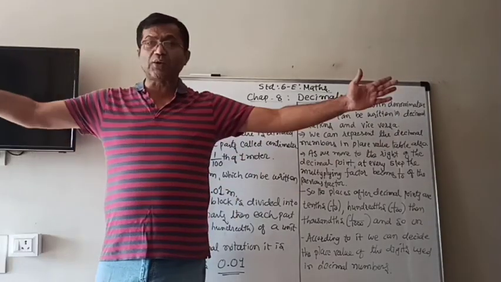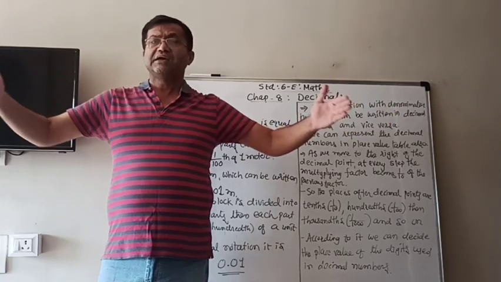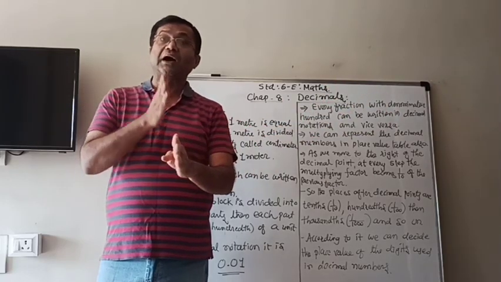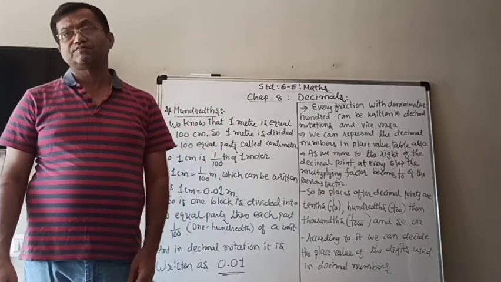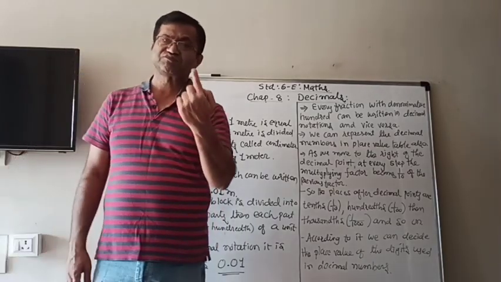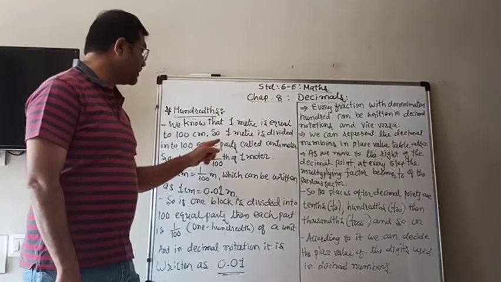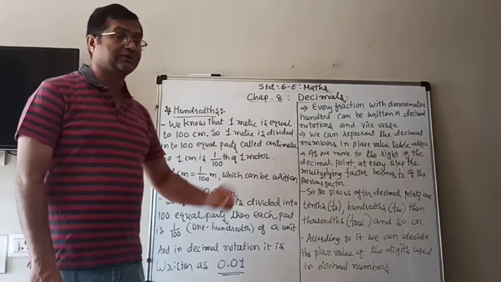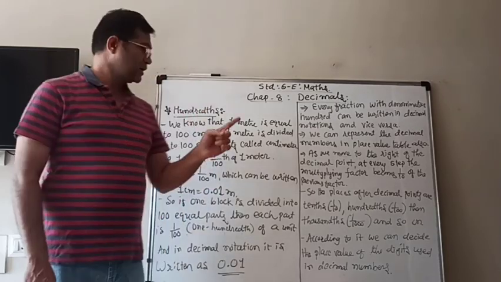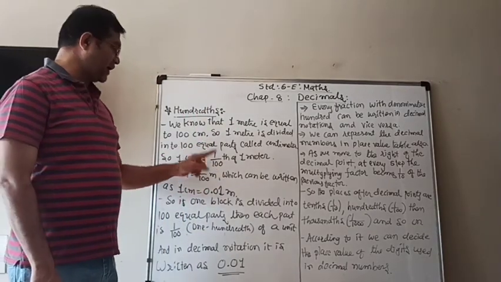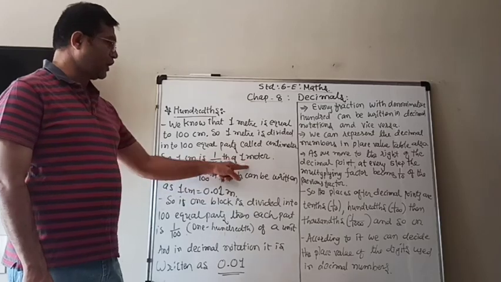It means that the length of 1 meter is divided into 100 equal parts, and each part is 1/100 of the meter. So 1 centimeter is 1/100th of a meter.